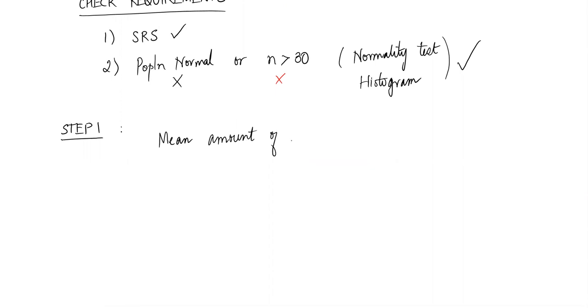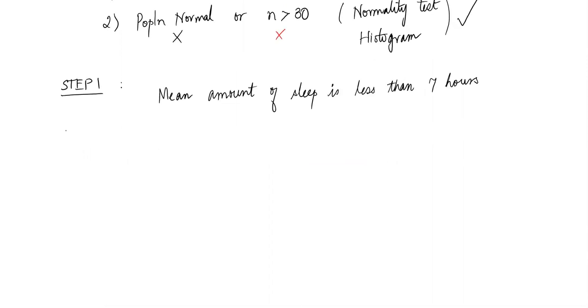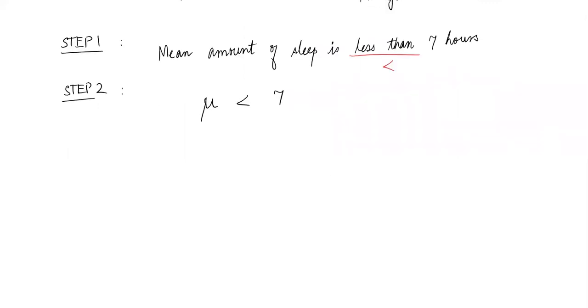Okay. Step 2, translate. Mean amount is the population mean, so mu is less than 7. Less than simply means less than. So very, very straightforward.